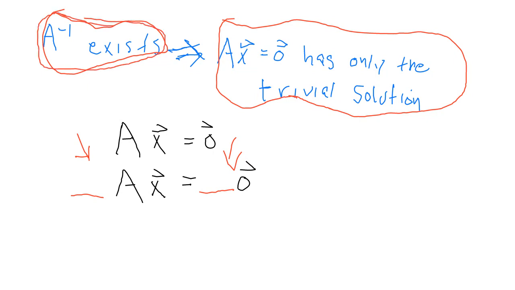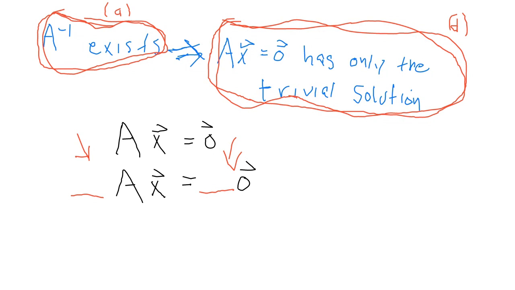Apparently, if the inverse of A exists, this implies that the matrix equation AX equals 0 has only the trivial solution. So again, from the invertible matrix theorem, theorem 8 in section 2.3, statement A implies statement D. So I want to prove this.